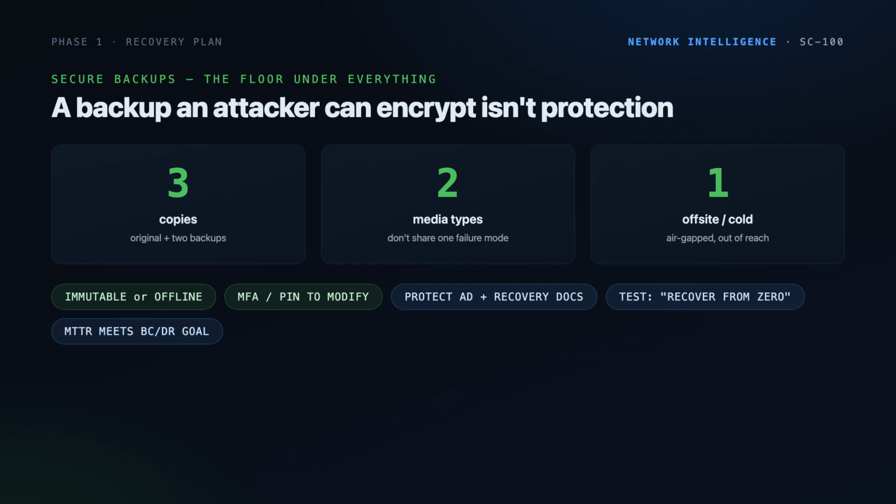Protect the things you need to recover with: Active Directory and the recovery documents themselves, because attackers target them deliberately. Then prove it. Exercise a recover from zero scenario and confirm your mean time to recover actually meets the business continuity goal.